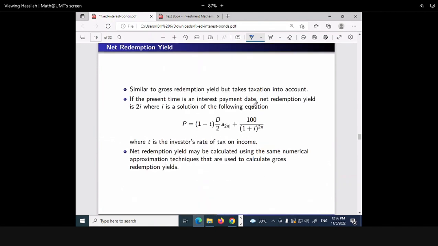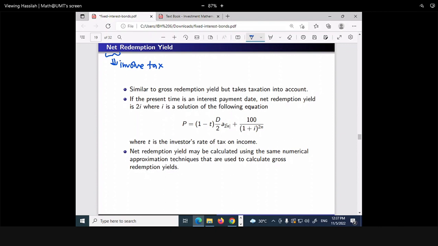Okay, tadi saya kata gross redemption yield kan. So sekarang bila kita kata net redemption yield, apa yang terlintas di kepala you bila saya sebut net redemption yield? It must involve tax.